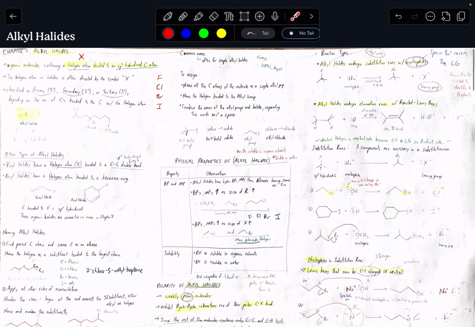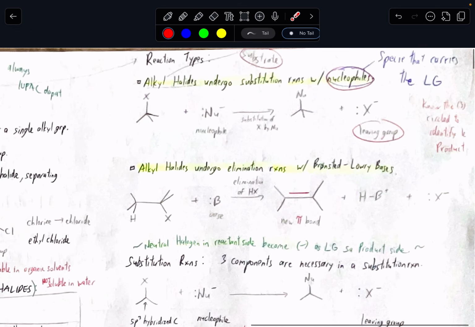Okay. Reaction types on alkyl halides. When alkyl halides undergo substitution reactions, it is together with nucleophiles. But when they undergo elimination reactions, that is with Bronsted-Lowry bases. So there's a difference you have to note. The alkyl halide is going to be the substrate, the species that carries the leaving group.